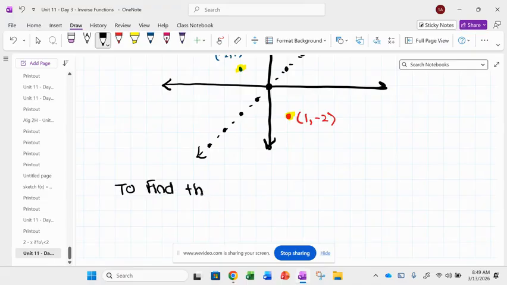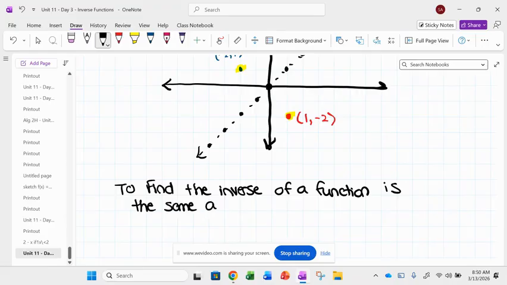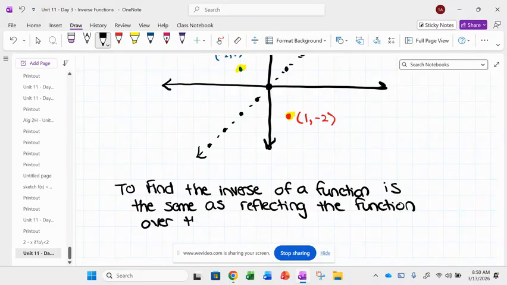To find the inverse of a function is the same as reflecting the function over the line y equals x.